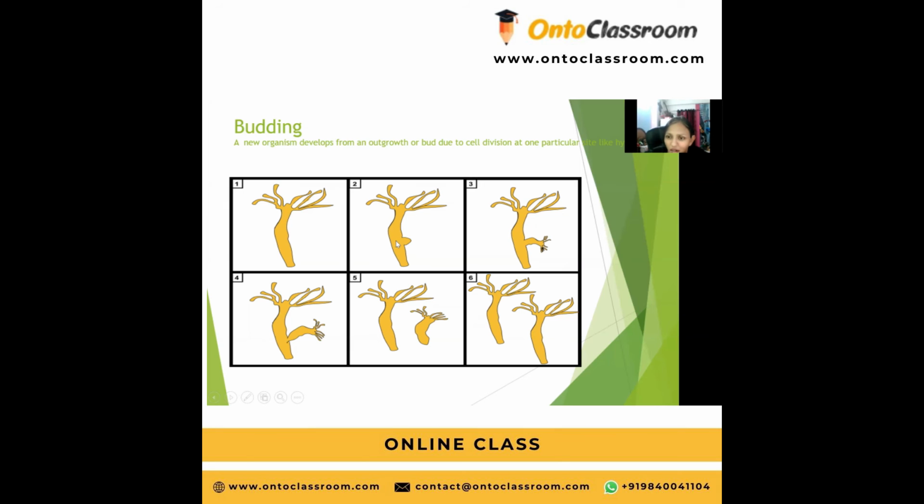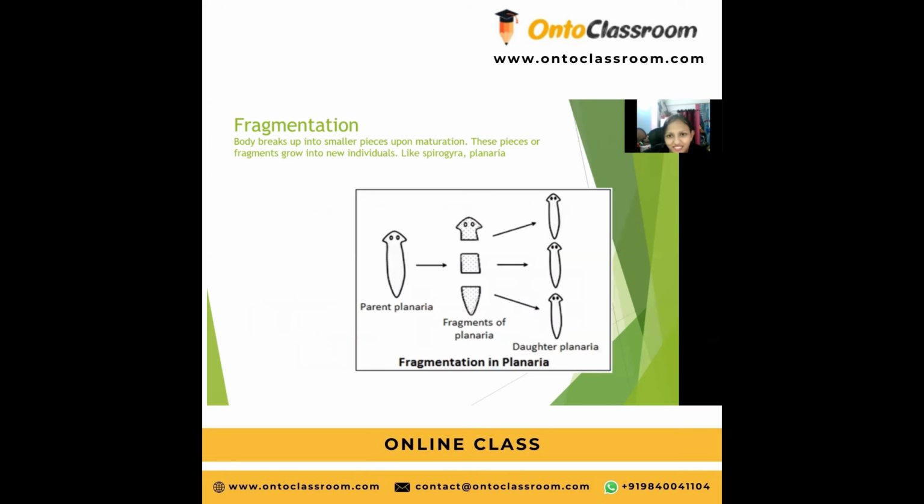Because you can see on its body a small bud is developed, and that bud will grow with time, and when it attains its full length, it will detach from the parent body and develop into an individual organism. So this is known as budding.